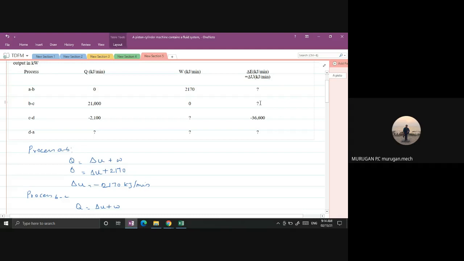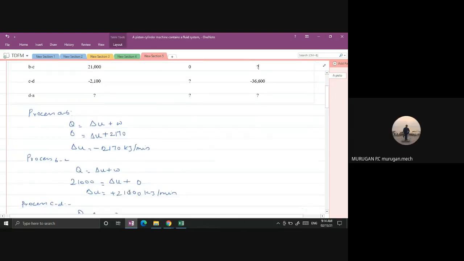The internal energy we need to find out. That is also given by the formula Q equal to delta U plus W. So what is the answer for delta U? Calculate and tell me. 21,000, sir. That is plus 21,000.